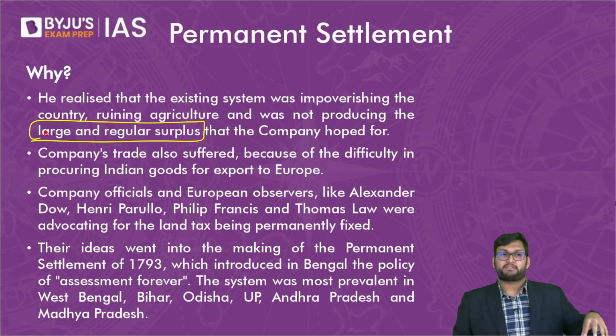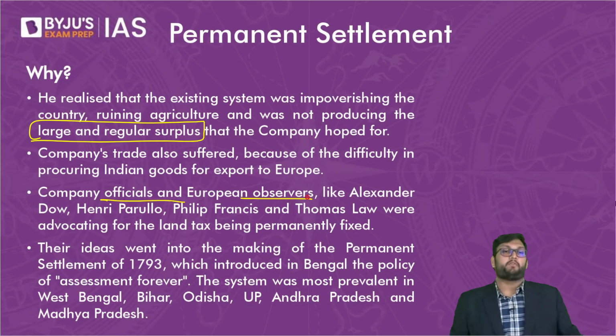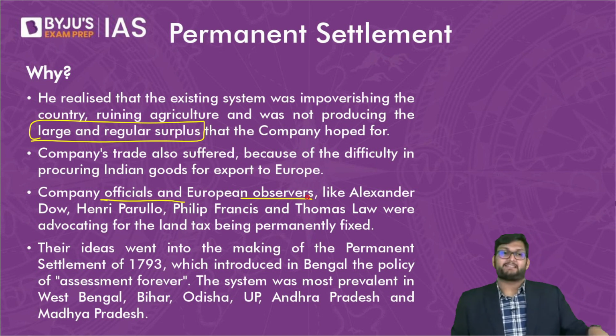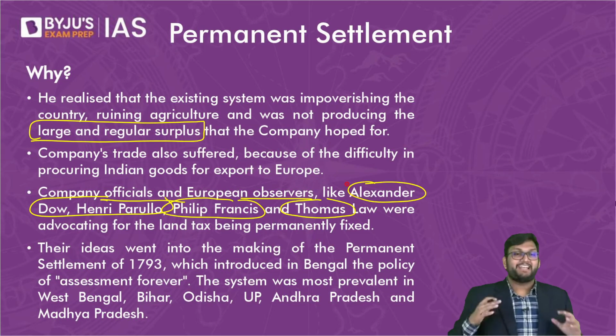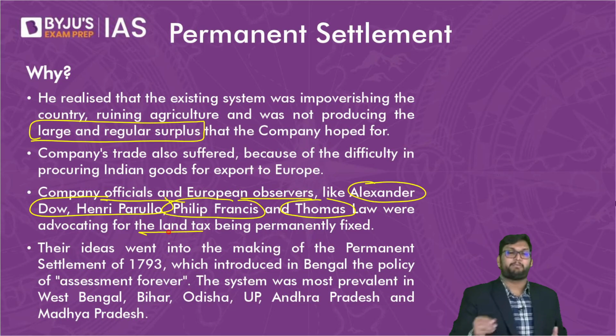Company's trade was suffering because of the difficulty in procuring Indian goods to export to Europe. Company officials and European observers such as Alexander Dow, Henry Pattullo, Philip Francis, Thomas Law, these are different thinkers at this point of time and officers who were involved in the company trade. They said that the only way we do it is by fixing land revenue permanently.